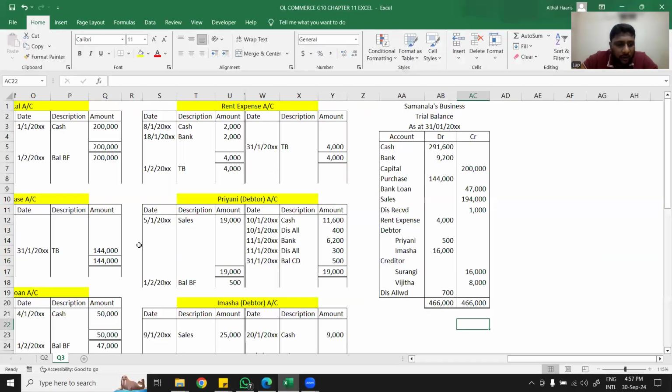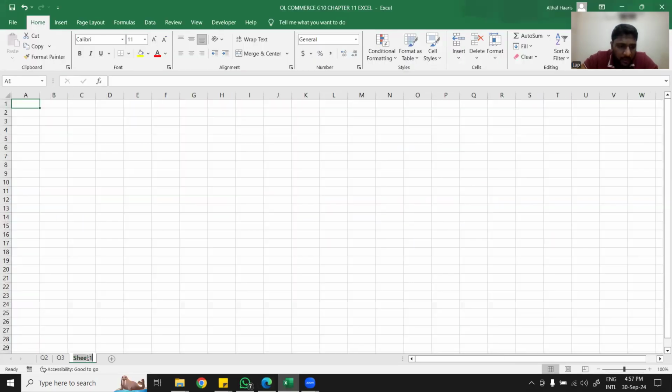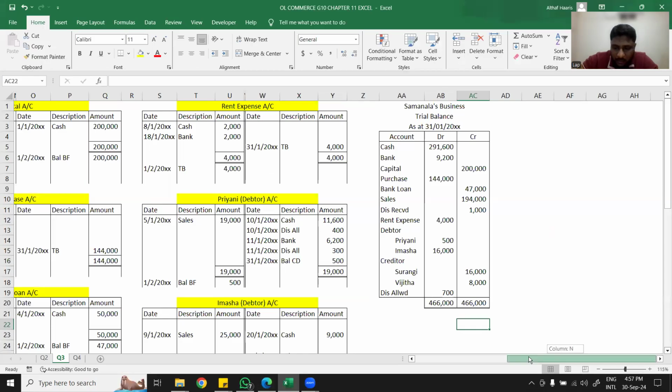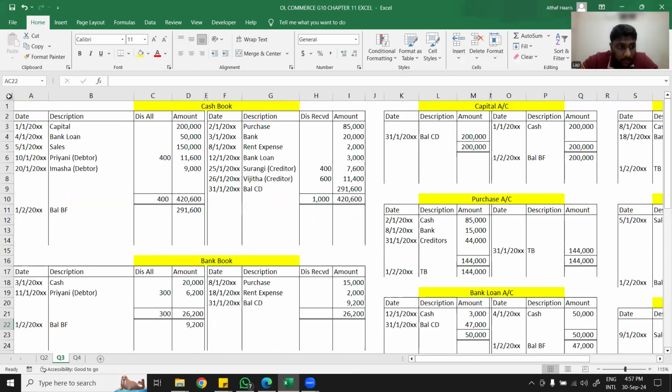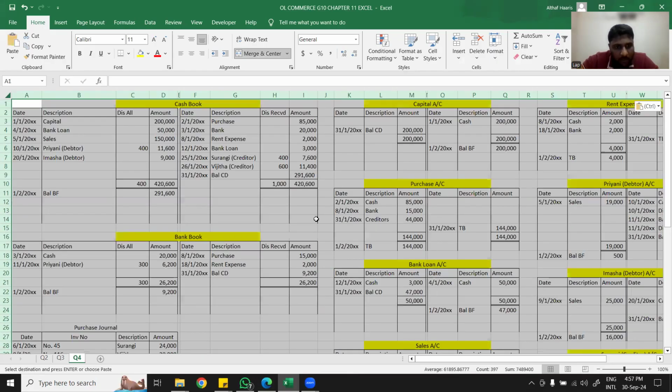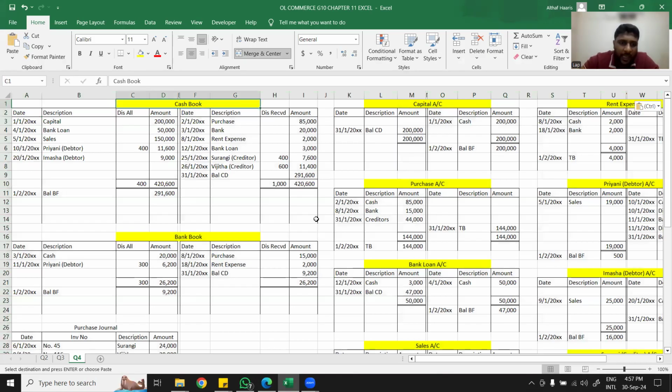Draw the cash account, bank account. Rule the cash account, cash book.